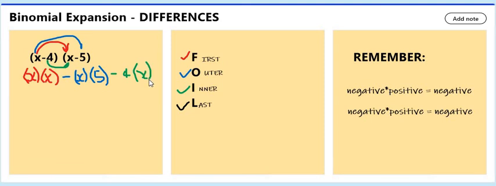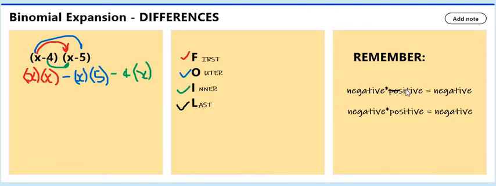And finally, we multiply our last terms. And these are the two last terms, minus 4 and minus 5. When you multiply minus 4 or negative 4, minus 5 or negative 5, same thing, when you multiply two negative numbers, I'm sorry, this is an error.